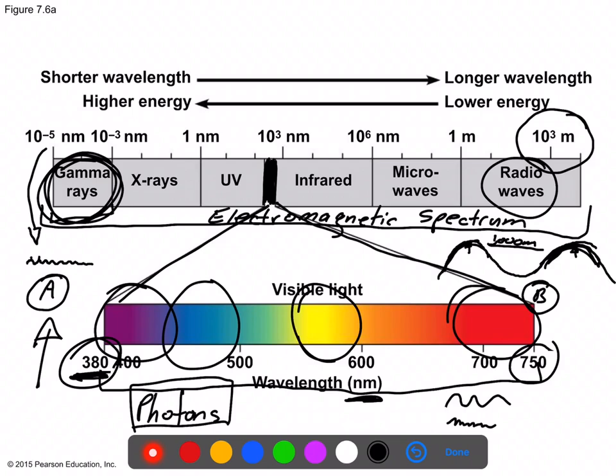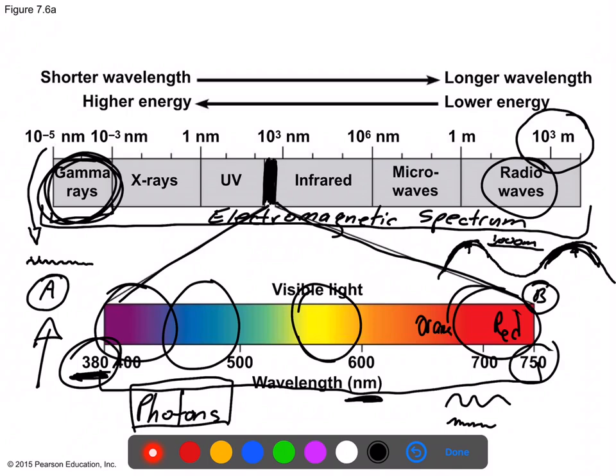Okay, we should talk about pigments next, right? So what is a pigment? A pigment is a molecule that absorbs light energy, so it absorbs the visible light spectrum, except for one wavelength. It gives that wavelength away. So as an example, something that appears to be blue is absorbing everything.